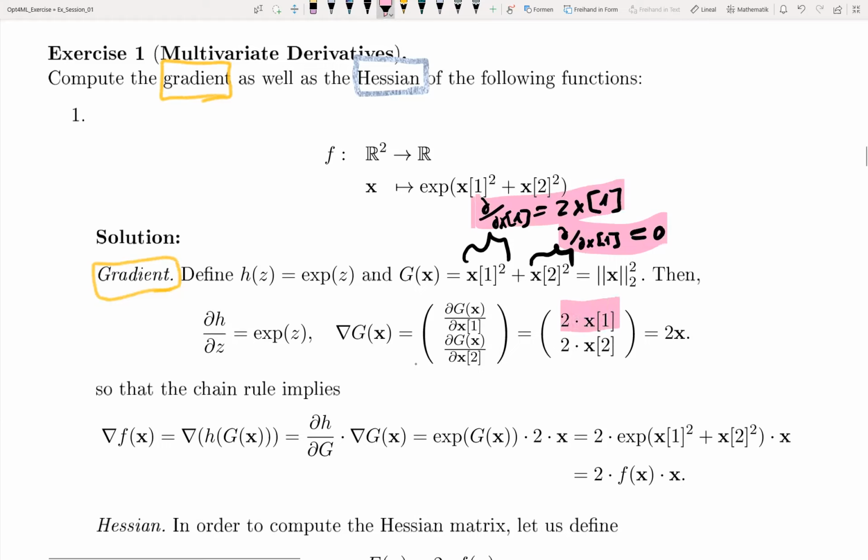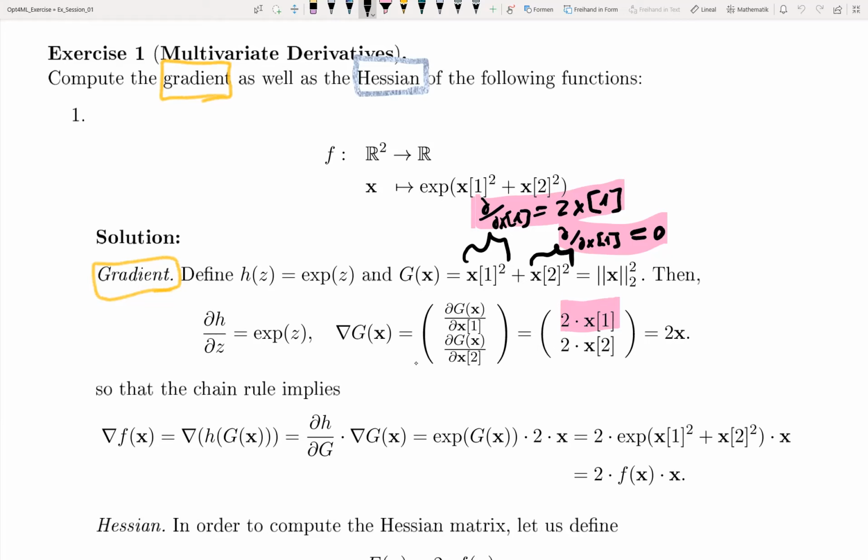All right, with the very same argument, just reversing these two, you get that the partial derivative with respect to x2 is 2 times x2, because the first summand is 0.